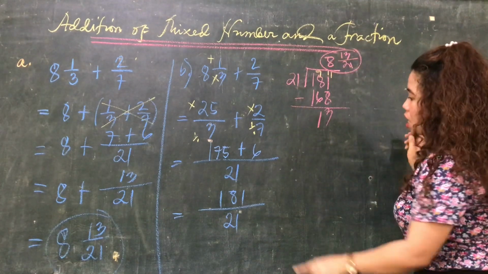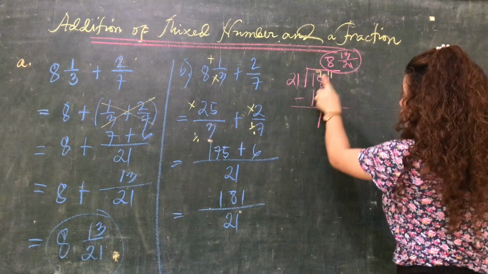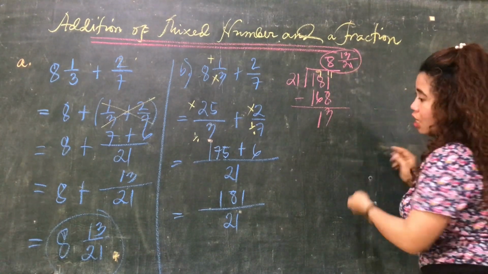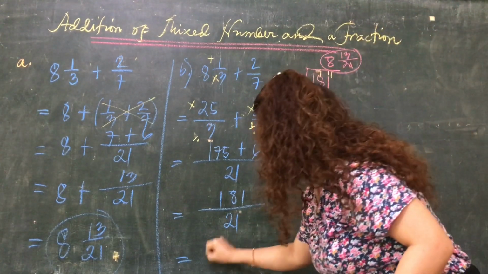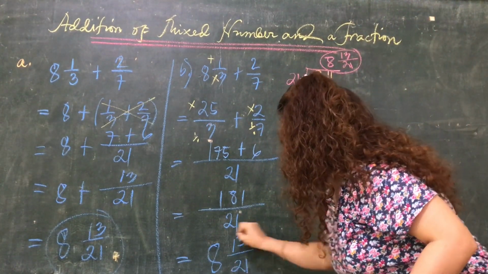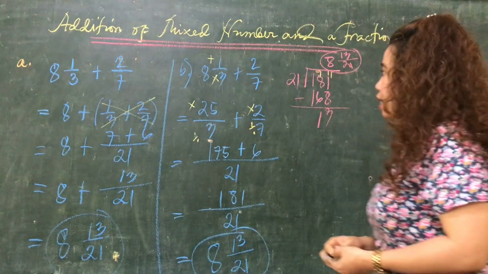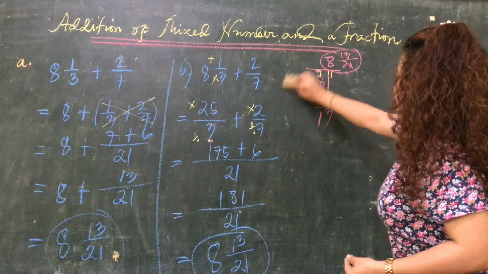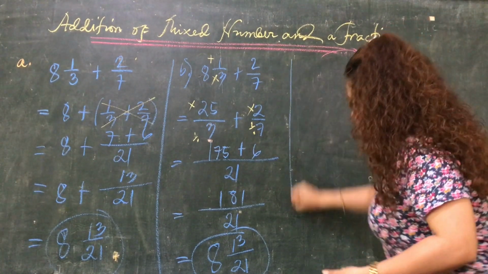So 181 over 21 is 8 and 13 over 21. 8 and 13 over 21 is the answer. And look at the answer. It's just the same. Let's have another way around.